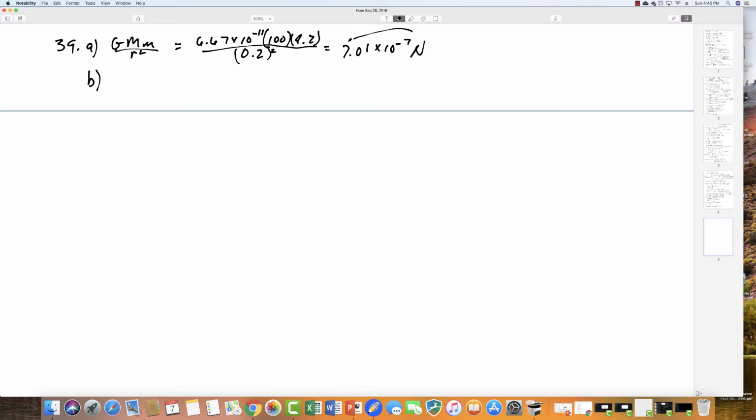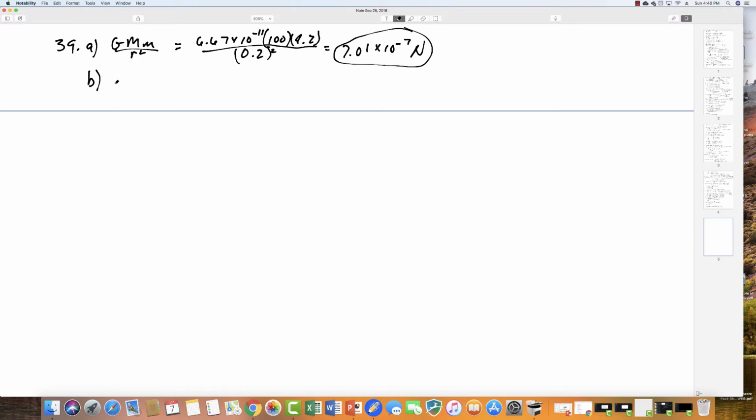Now the second question is calculating the same force, except now it's due to Jupiter, which has its closest distance to the Earth at 6.29 times 10 to the 11 meters away. And we already know, or we can look up, Jupiter's mass as well.